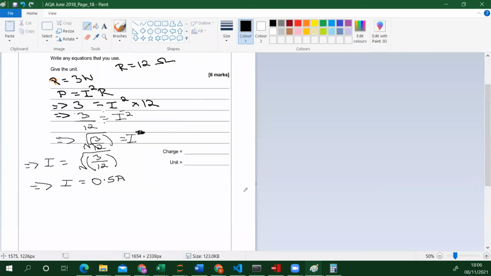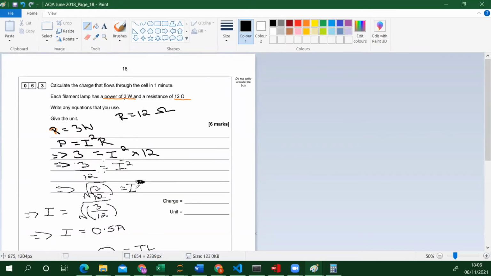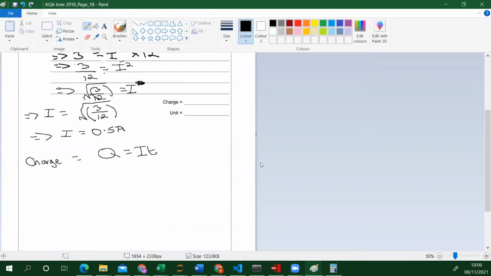So that's current. Now we need to find charge. Let's set out the equation for charge: Q equals I T. Do we have a time? Yes, we've got a time as well. Q is charge, I is current, T is time in seconds.